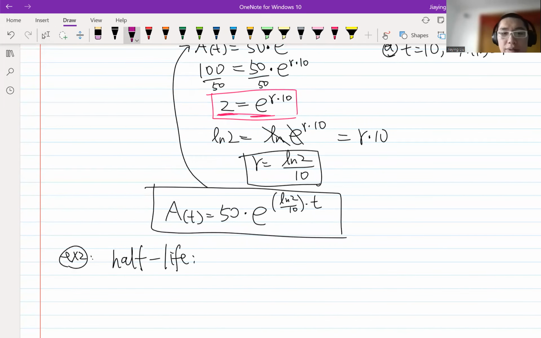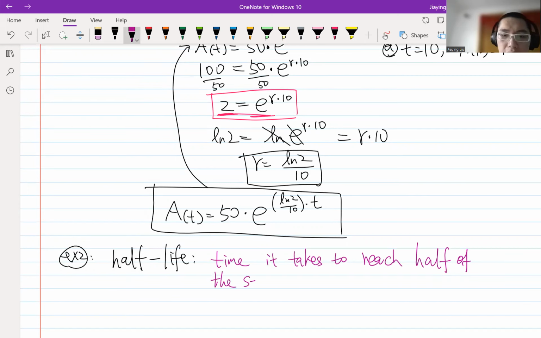It also talks about the time. So half-life means the time it takes to reach half of the starting value. So again, just like the doubling time, the half-life is also referring to time. It just means, how long does it take to reach half of the starting value?